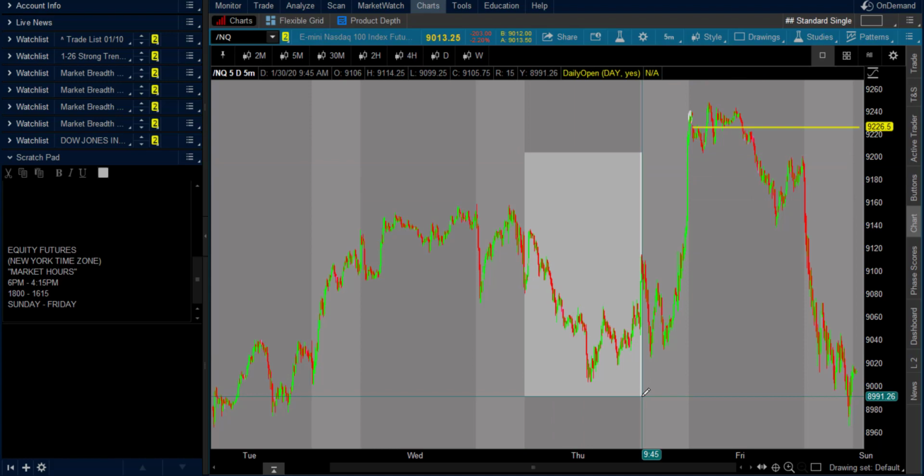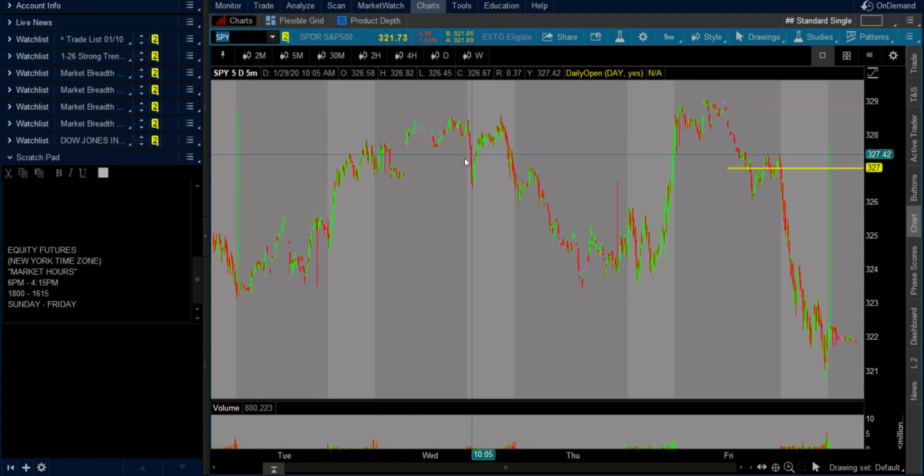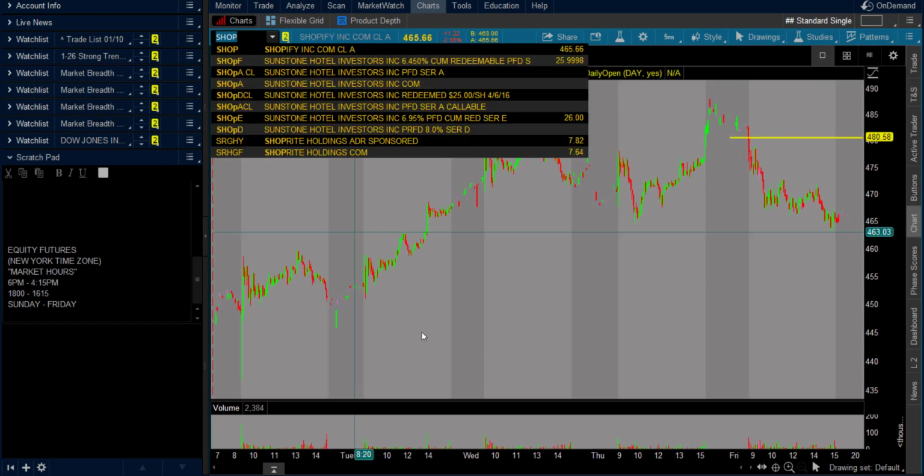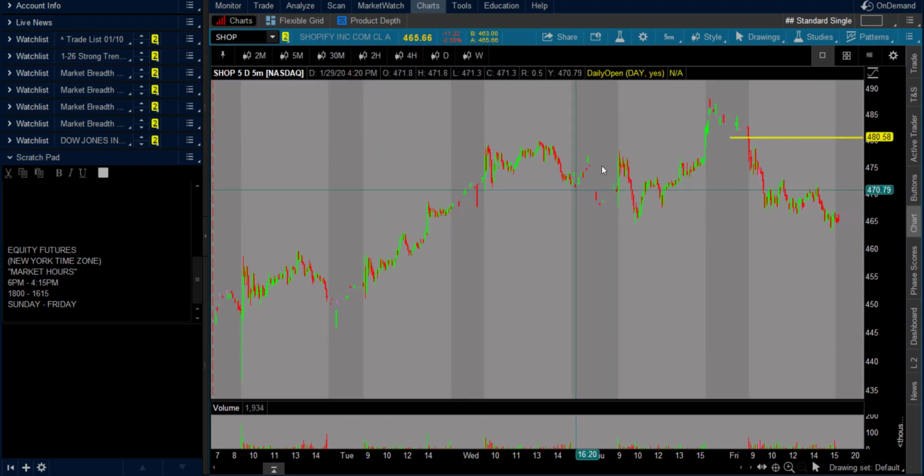If we were looking at Facebook, Apple, Microsoft, something like that, we can go over and look at those. Here is SPY. The dark shaded area is the overnight hours. Go over and look at Apple. You could see again the dark shaded areas, or maybe we go to shop. You can see the dark shaded areas. That is the overnight hours.